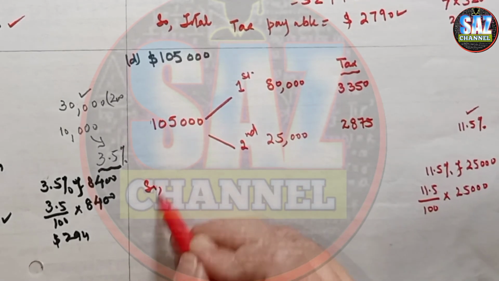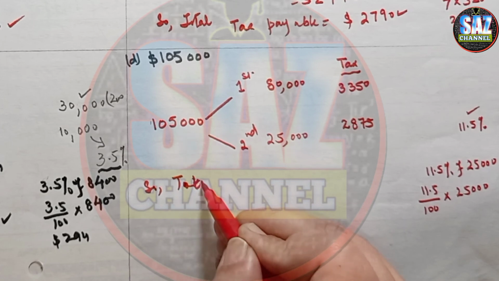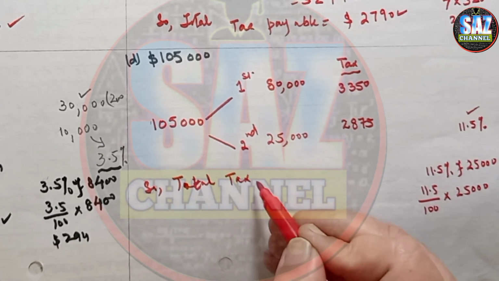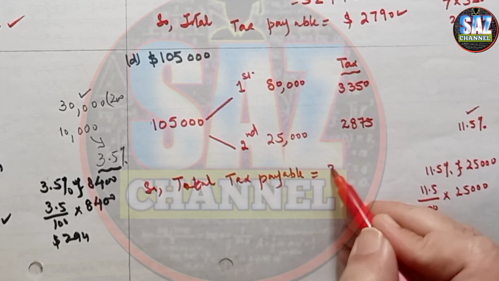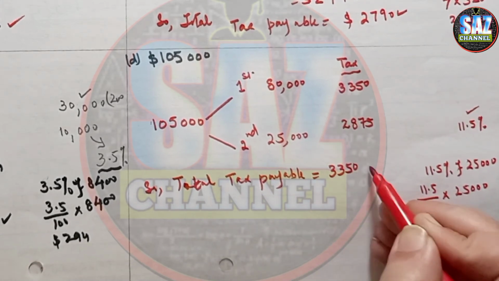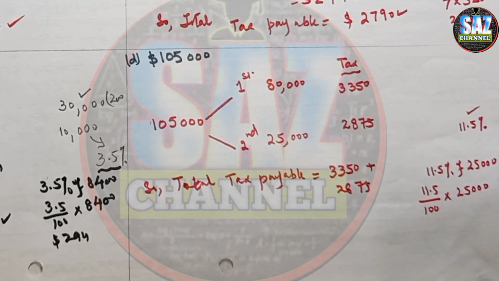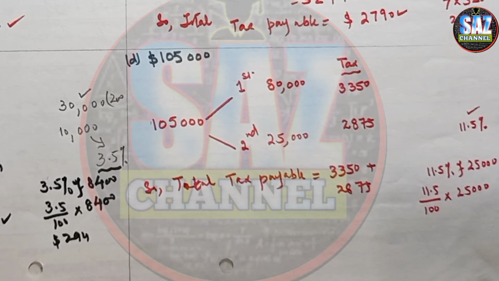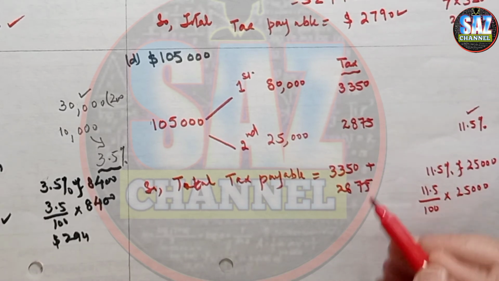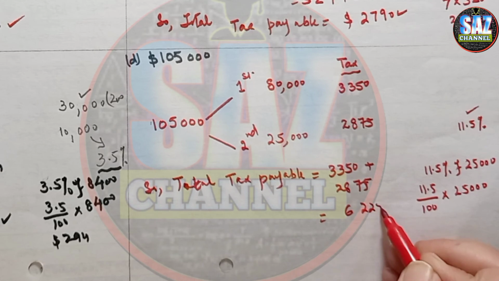So total tax payable will be the sum of 3,350 plus 2,875, and this will give me 6,225.